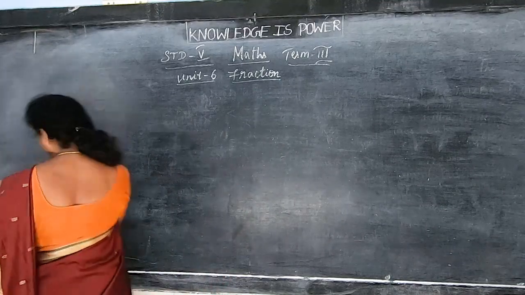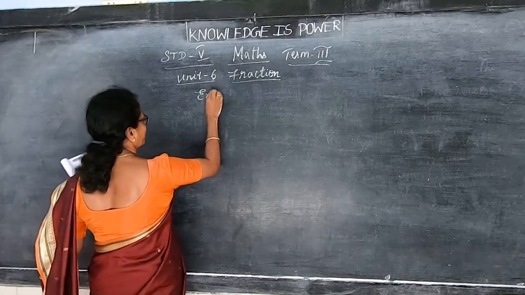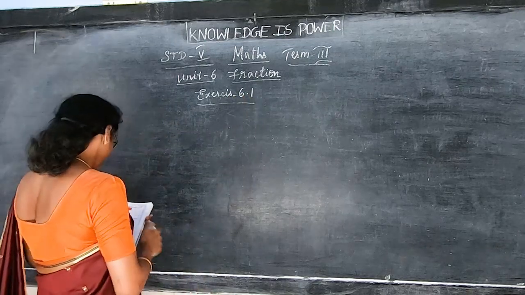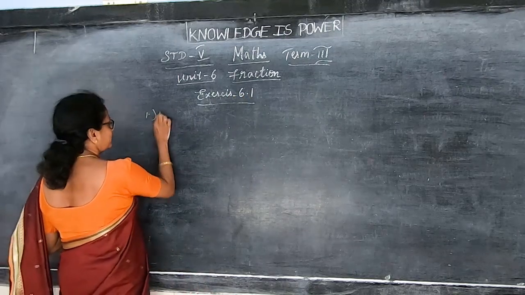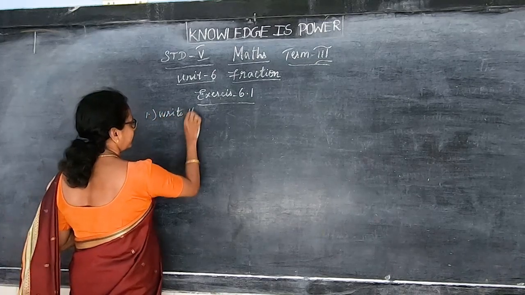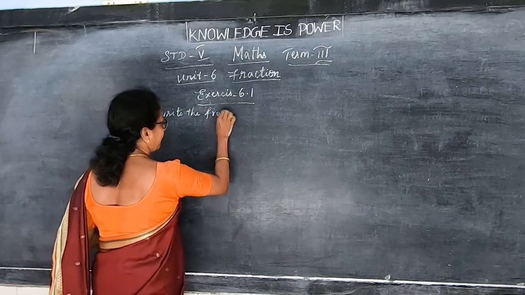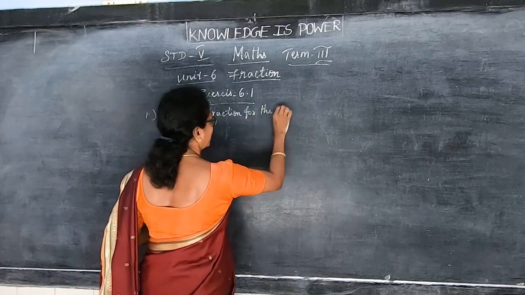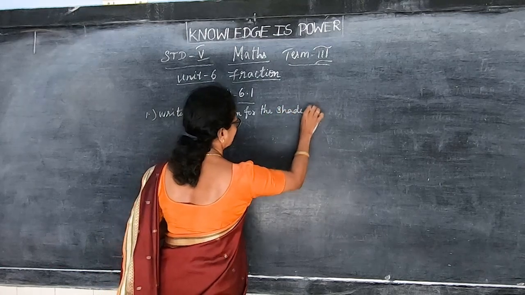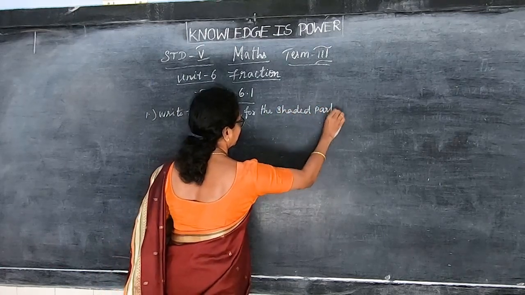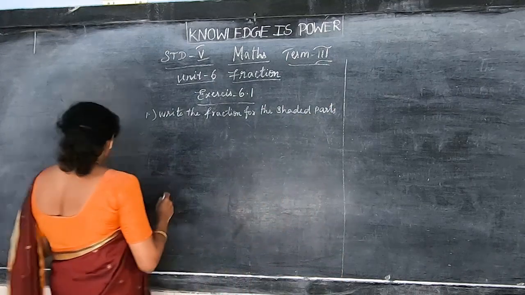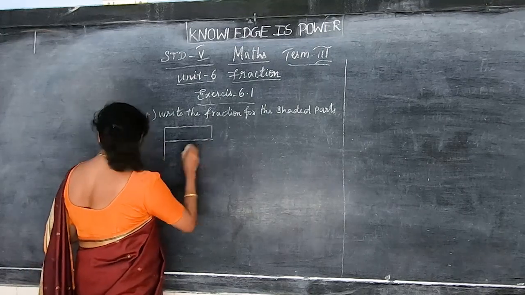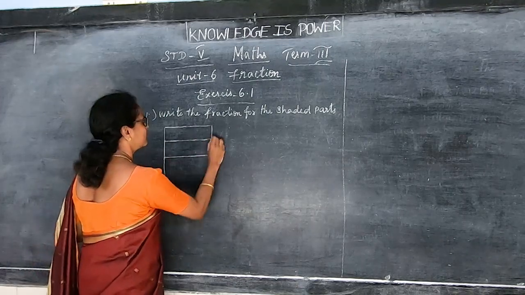Here is what they have given, exercise 6.1. In this, write the fraction for the shaded part. Write the fraction for the shaded part. So what fractions do they want us to write? 12 parts are given.